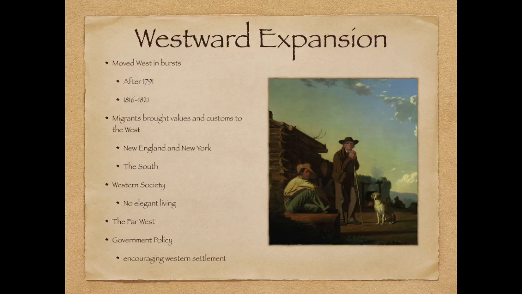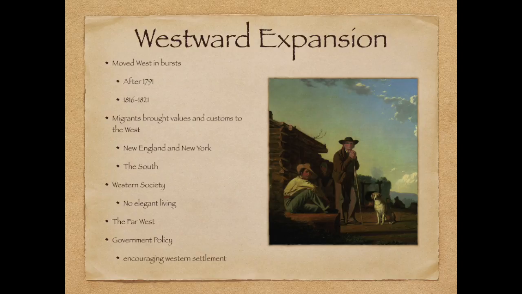Exploration in the far west, so this is the portion of the Louisiana Purchase which would be the kind of Midwest for us today: Kansas, Nebraska, Colorado, Wyoming, those sorts of territories way out there. Exploration there was definitely halting in nature.